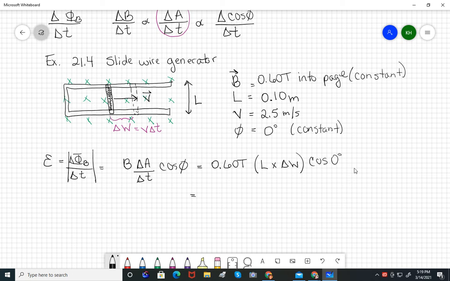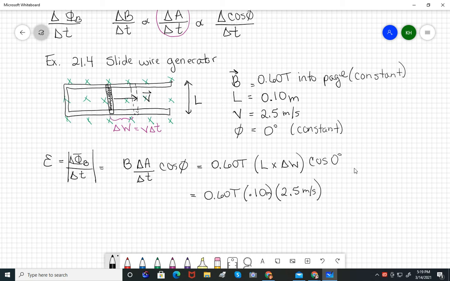So we get 0.60 Tesla times 0.10 times 2.5 meters per second. So this is meters per second.